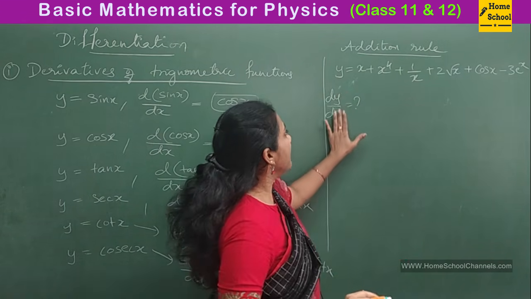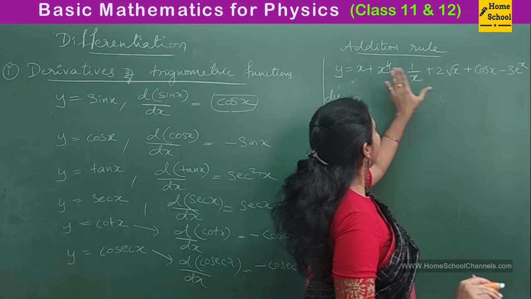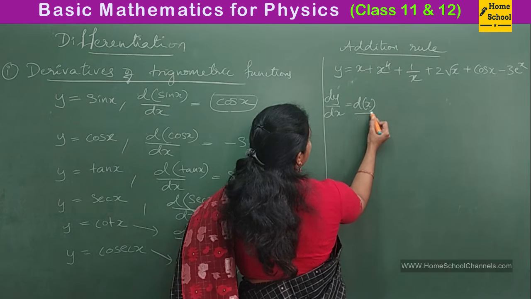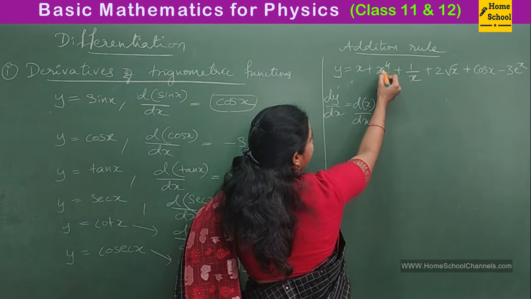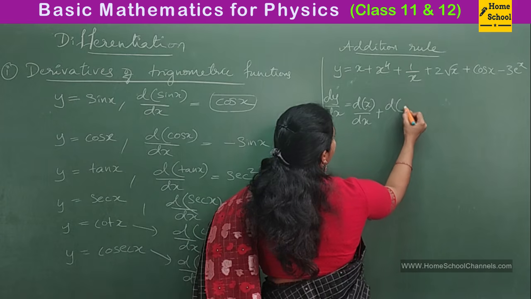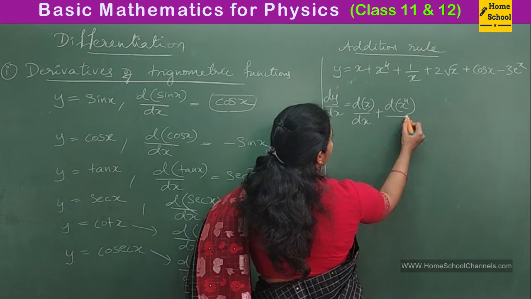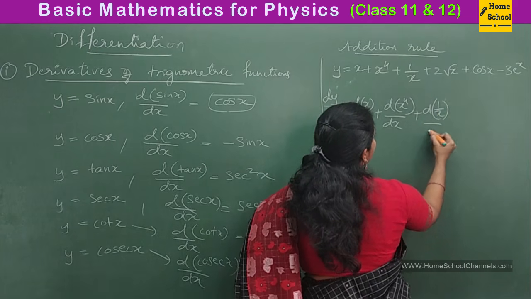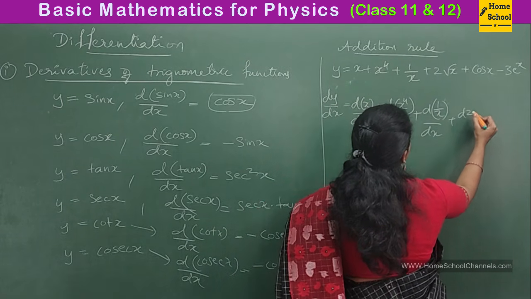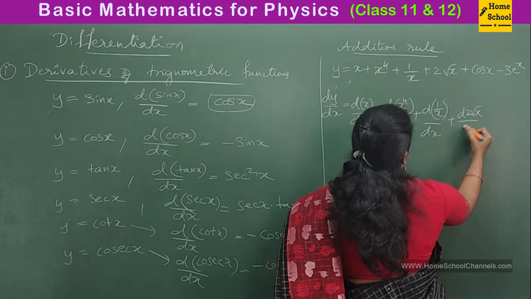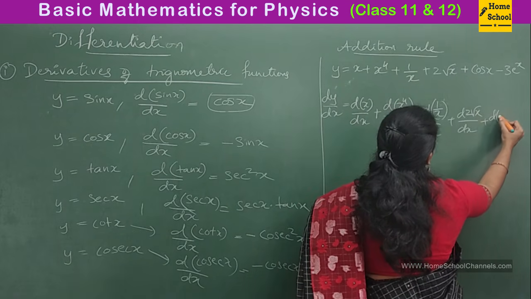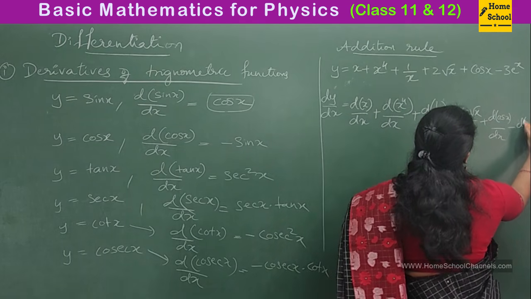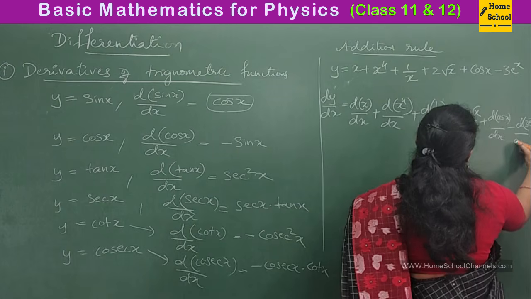You have to differentiate every single term: differentiation of x by dx, plus differentiation of x to the power 4 with respect to dx, plus differentiation of 1 by x by dx, plus differentiation of 2 root x by dx, plus differentiation of cos x by dx, minus differentiation of 3e to the power x with respect to dx.